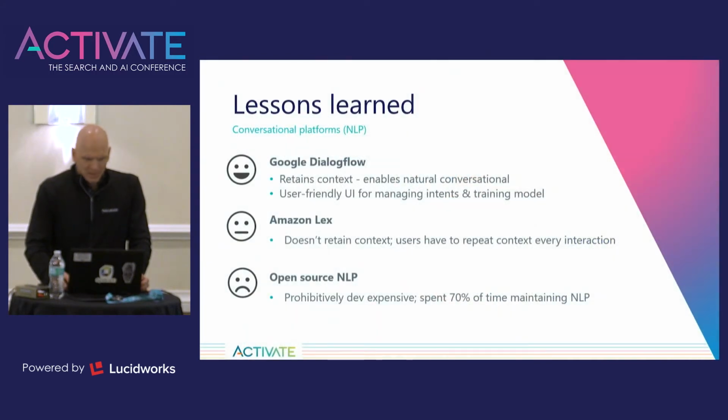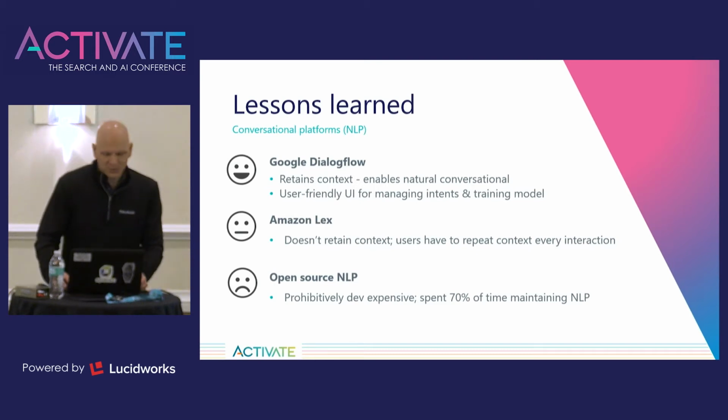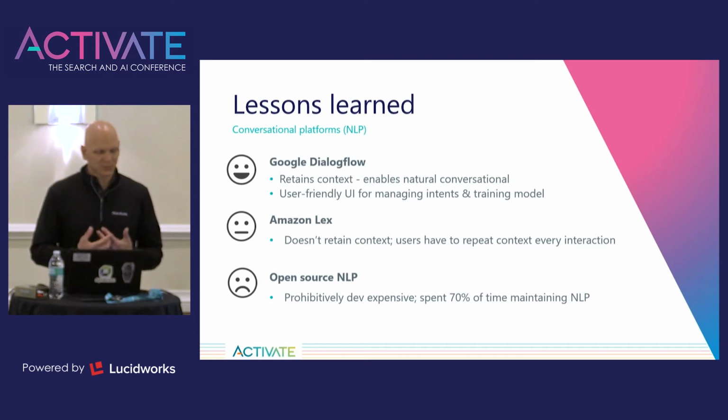So I'll finish up with a couple of lessons learned. We started out with our own open source NLP, which proved way too expensive. We had a team of about 3 people that spent the majority of their day maintaining our NLP. Then we went to Amazon Lex, which provided us with the convenience of an out-of-the-box solution.